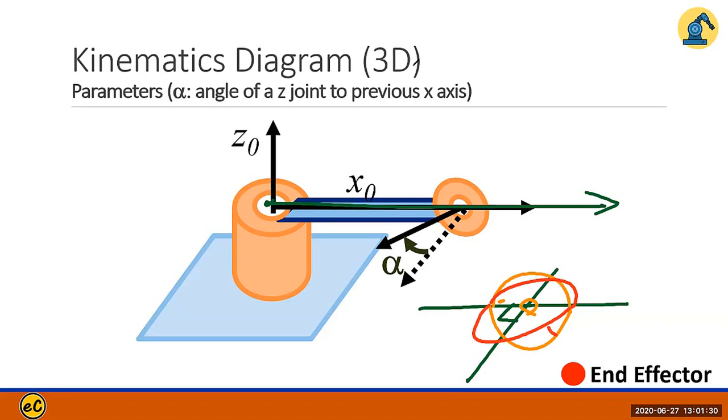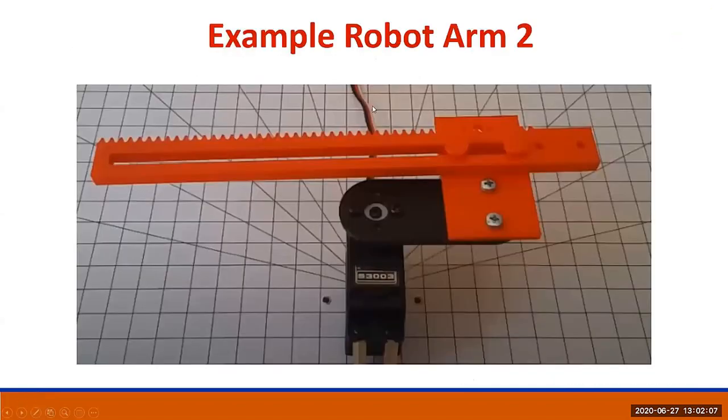So there's a certain angle between your vertical direction and the real direction. So over here, your Z direction, Z1, originally from here, has now changed to here. That angle that deviates from your original 90-degree perpendicular direction will be your alpha. That's the angle of the Z joint to the previous x-axis.